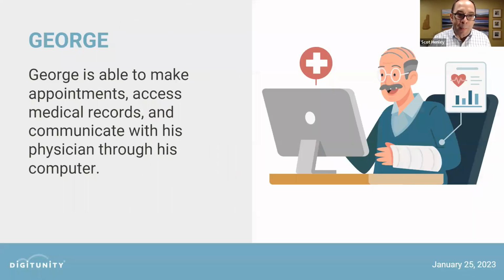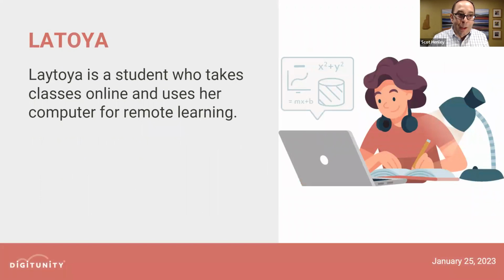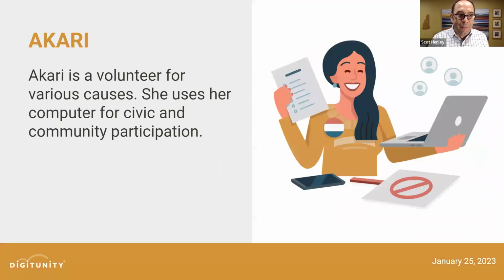And so here's a great example. Here's George. He's able to make medical appointments, access his records, and connect with his physician through his computer. And here's Latoya. She's a student and she takes her classes online using her computer. We look at Akari here. She's a volunteer for many causes in her community.